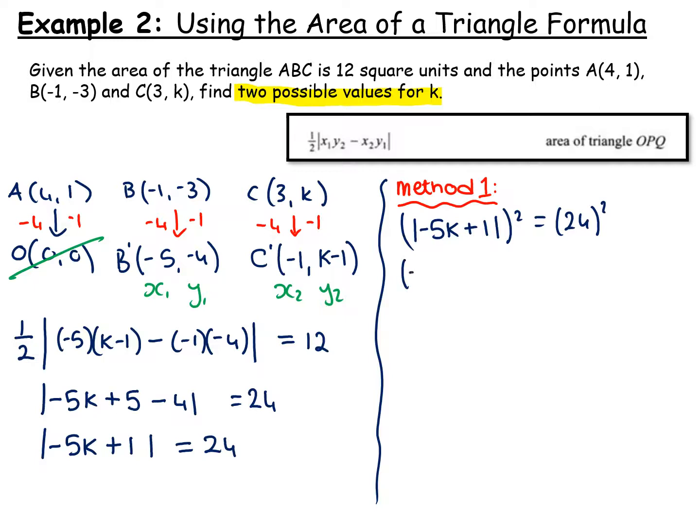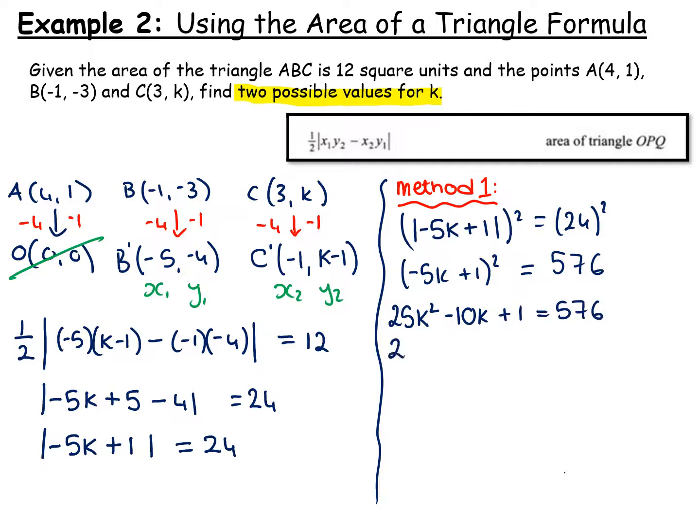So I end up with minus 5k plus 1, still squared, but I drop the absolute value signs, and we have 24 squared. So that's 24 squared, 576. Squaring this, I get 25k squared minus 10k plus 1 equals 576.